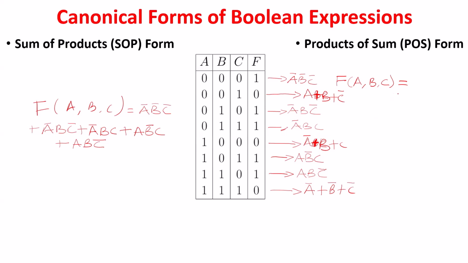So now, the product of sums for this expression, let me write it here: F of A, B, C is equal to (A plus B plus C bar) multiplied by, because now we are dealing with products of sums, (A bar plus B plus C) multiplied by, again, (A bar plus B bar plus C bar).